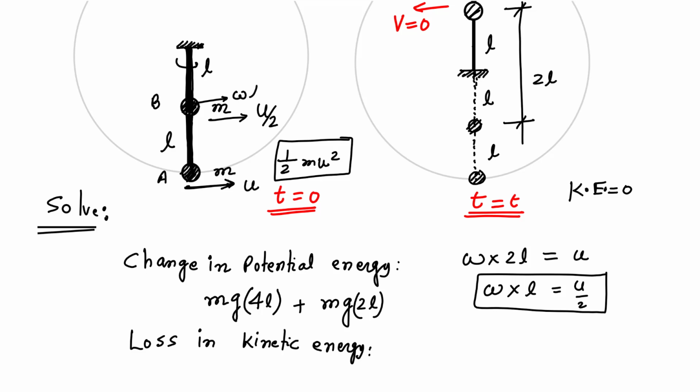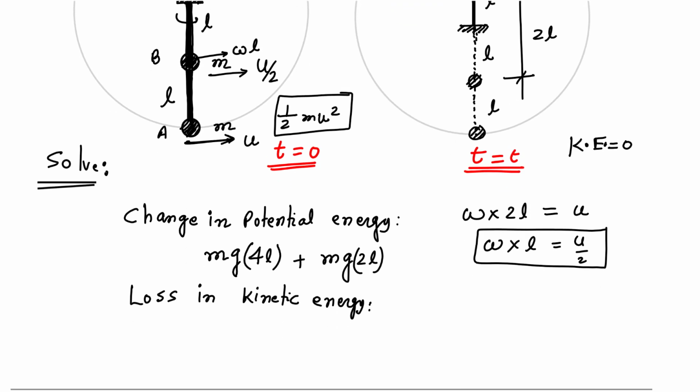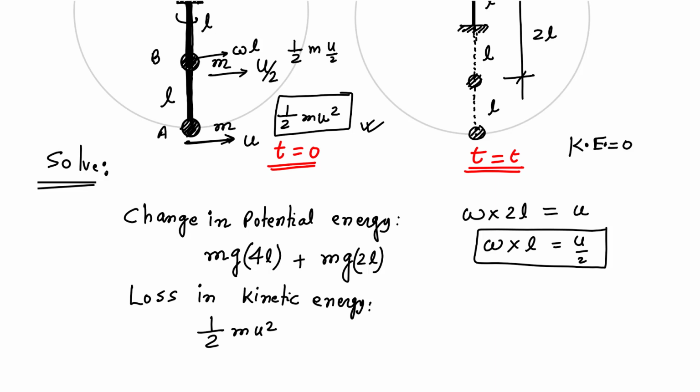So the loss in kinetic energy: this mass has lost half mu square, and the kinetic energy of this mass, half m times u by 2 squared, has also been lost.